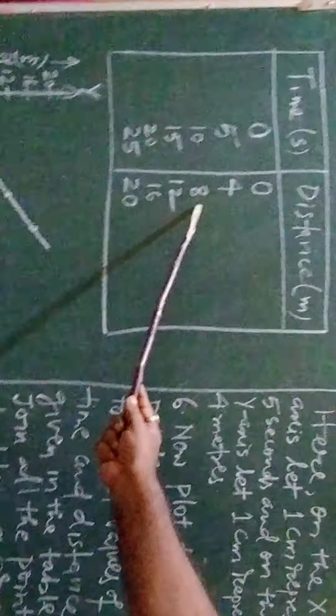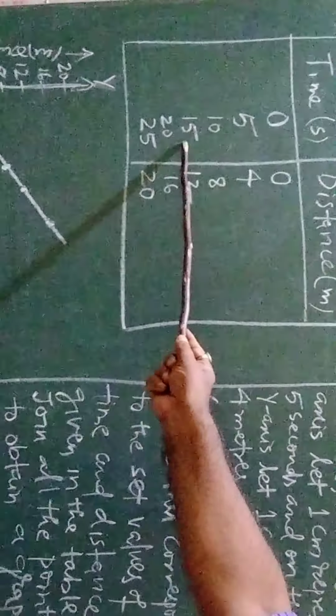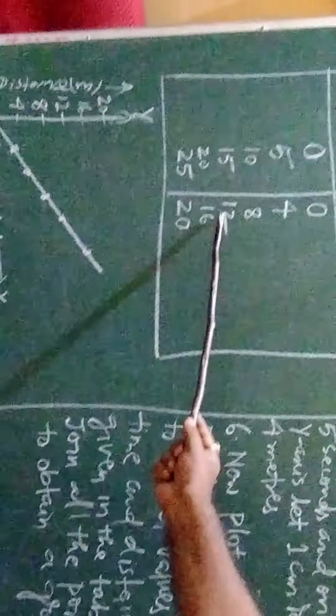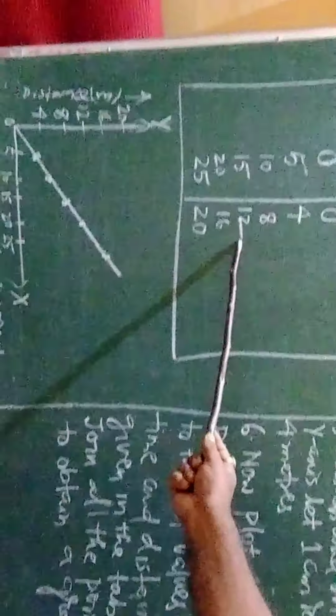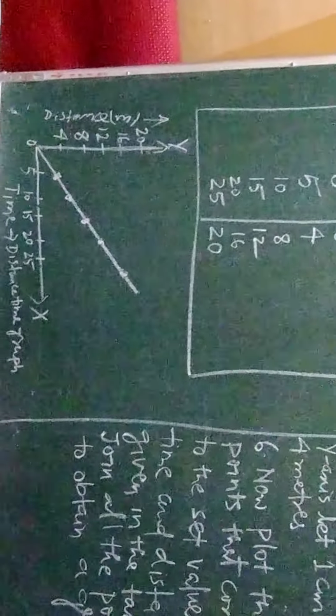Time 0, distance 0. Time 5, distance 4. Time 10 seconds, distance 8 meters. Time 15, distance 12. Time 20, distance 16. Time 25, distance 20.